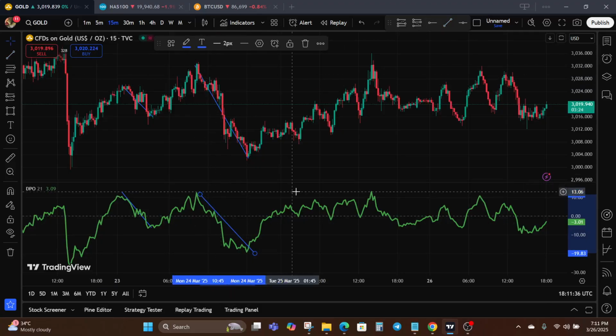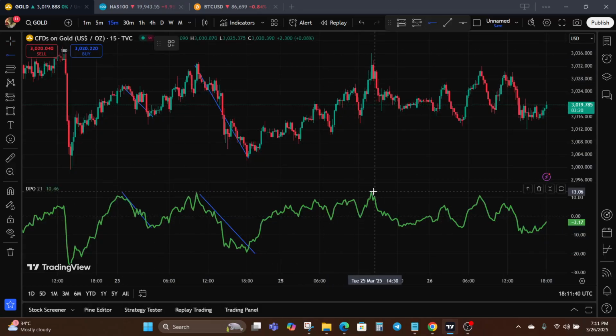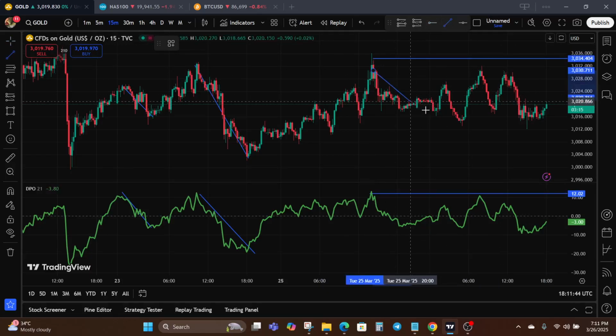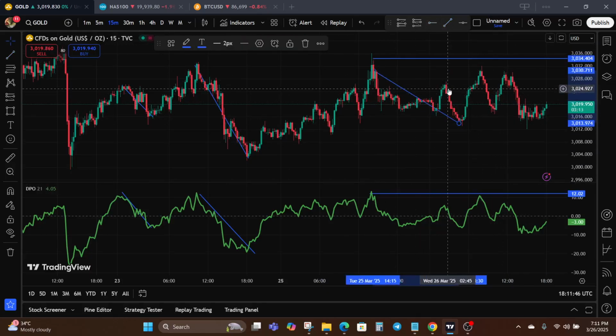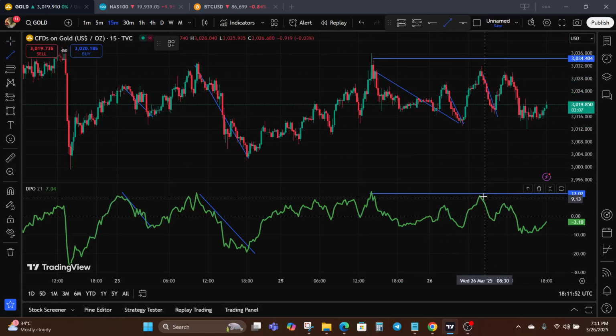And you can see that a downtrend actually followed. And then here again, you can see what happened. This was to an extent, but you can see that there was a following downtrend, and you can see what happened here, right?